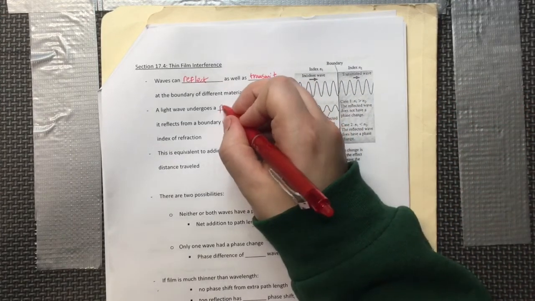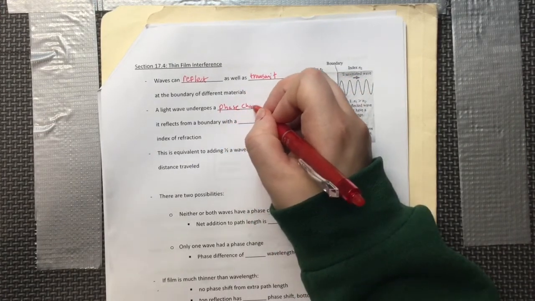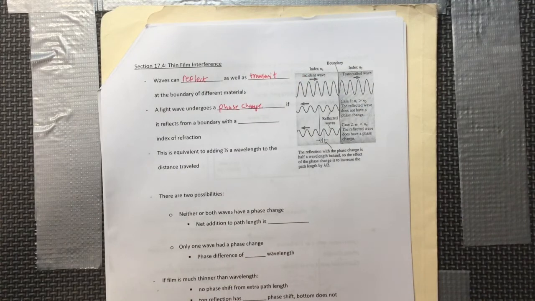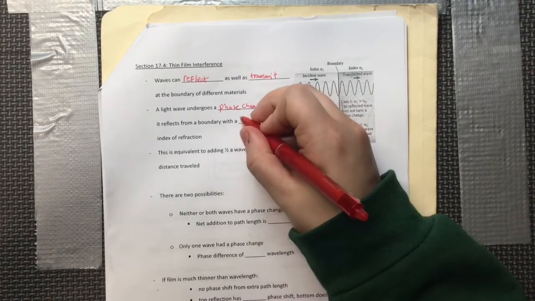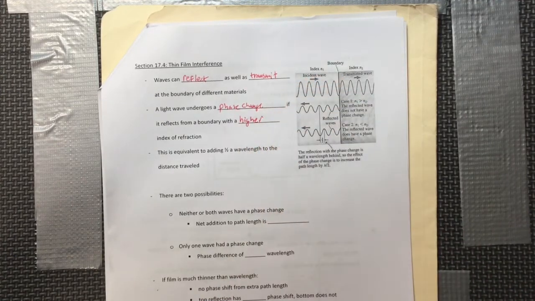A wave undergoes a phase change if it reflects from a boundary with a higher index of refraction. This phase change is equivalent to a half wavelength being added to the distance.